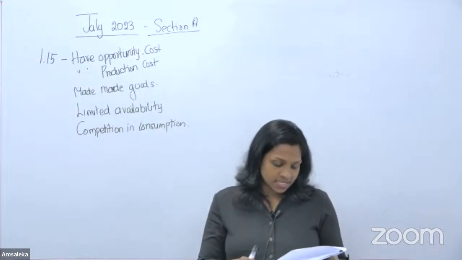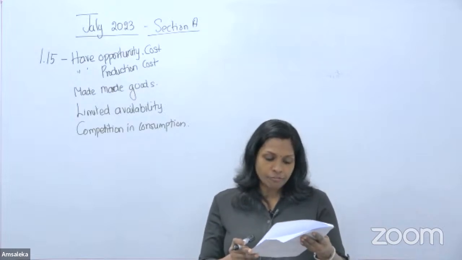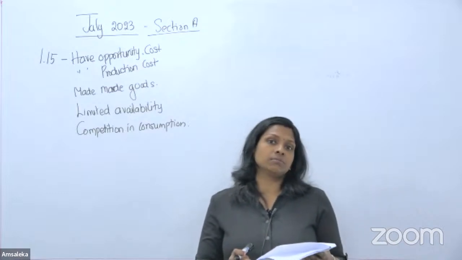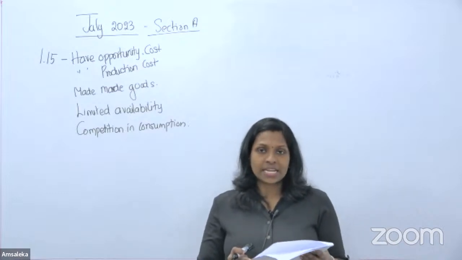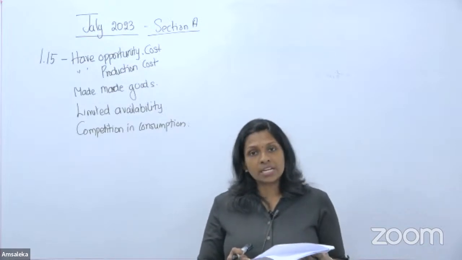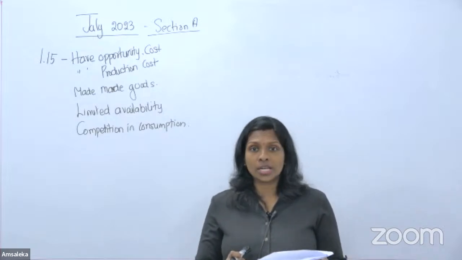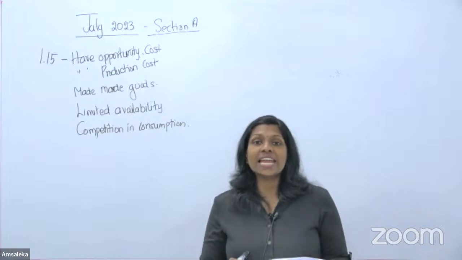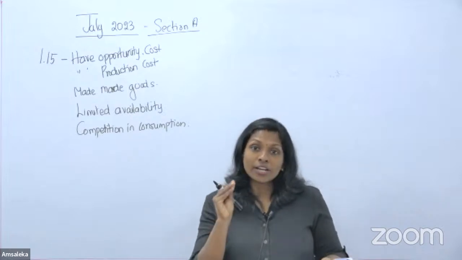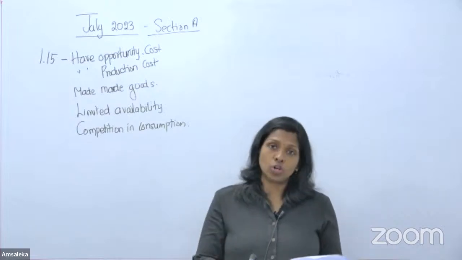So 1.16, state two characteristics of an oligopoly market. How many market types did we learn? There are 4. What are they? Perfect competitive market, monopoly market, monopolistic competition, and oligopoly. In an oligopoly, I said there are only a few, countable, and they are powerful.